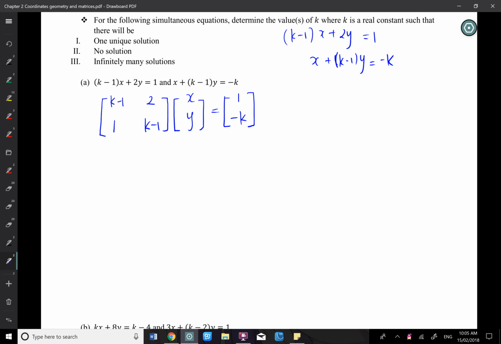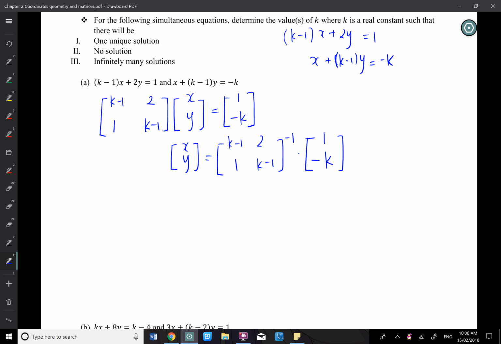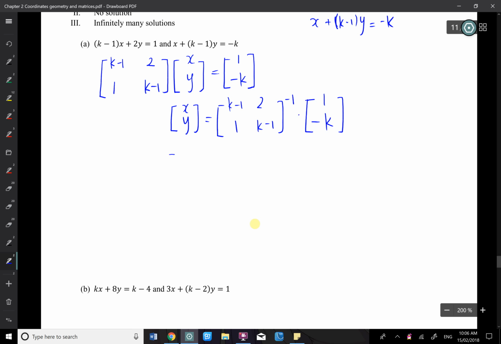Now I want to solve for x and y. So x and y will equal the inverse of that matrix times that vector. So I want to find the inverse.